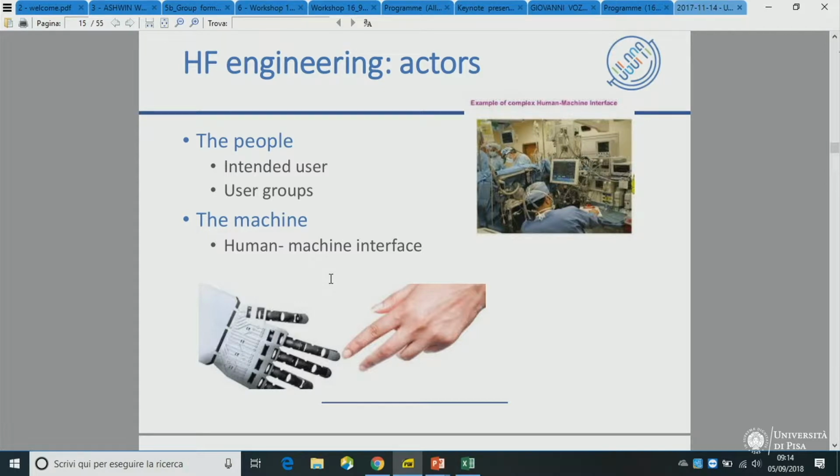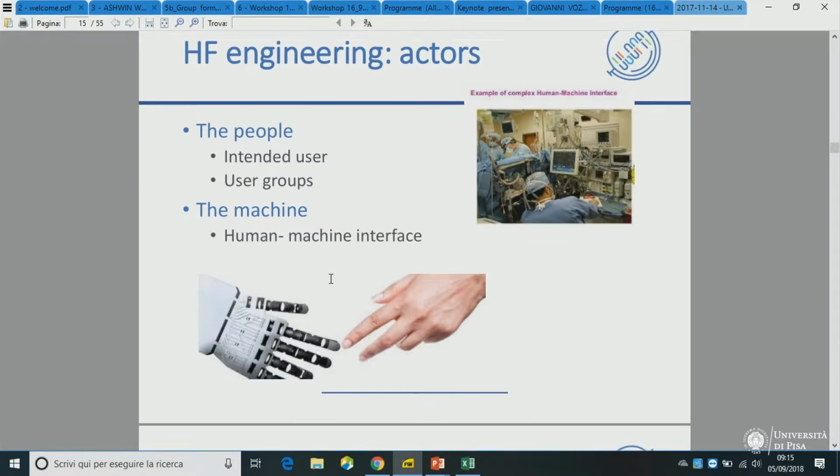So each surgeon will have his own way of doing things, but trained surgeons are a group. Each mother will have her own way to take the temperature of the little girl that is crying because she has a fever. But mothers can be grouped together. They have common features.